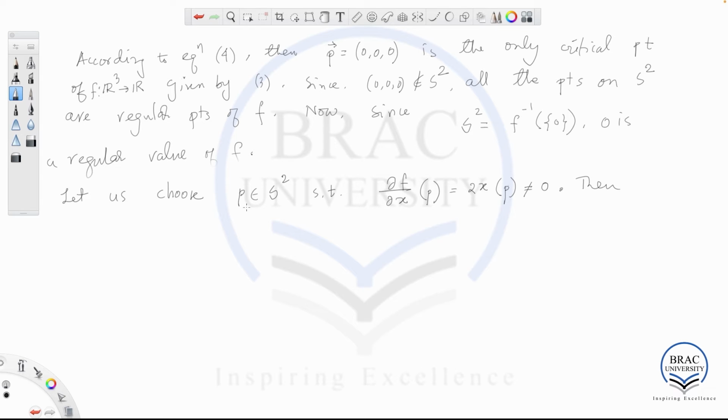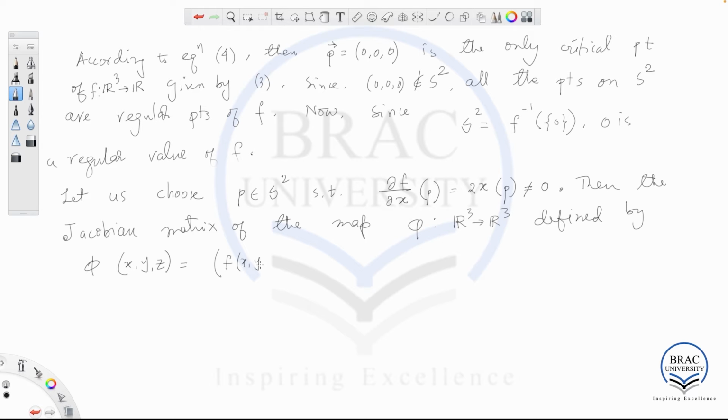After choosing such a point P, we define a map phi from R3 to itself by phi of x, y, z equal to f of x, y, z, comma y, comma z.